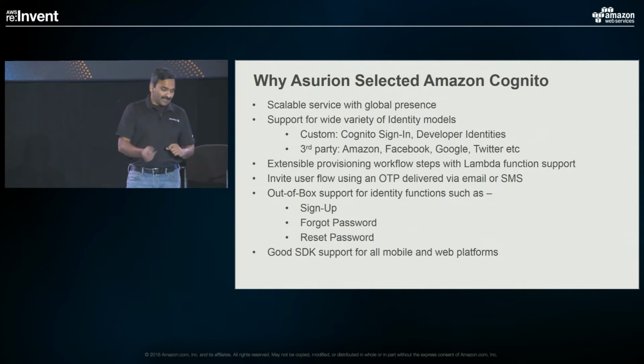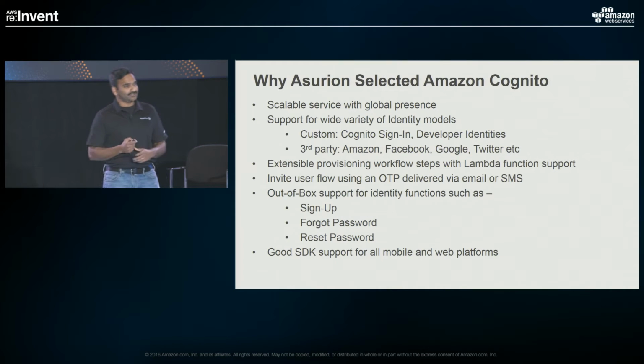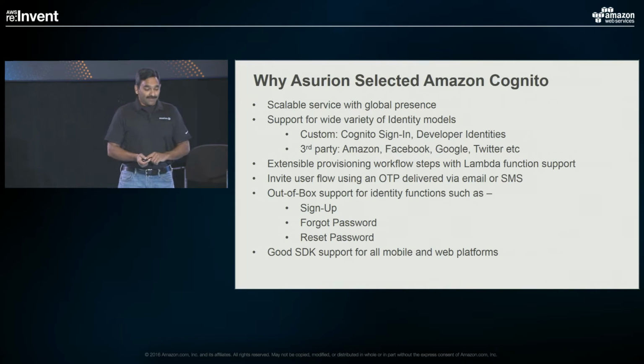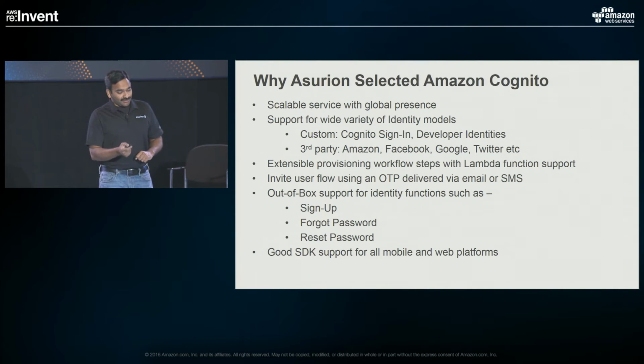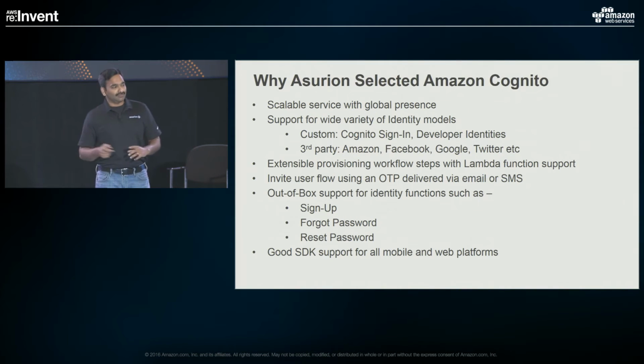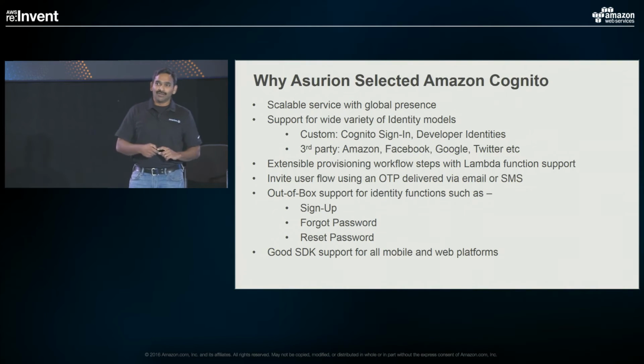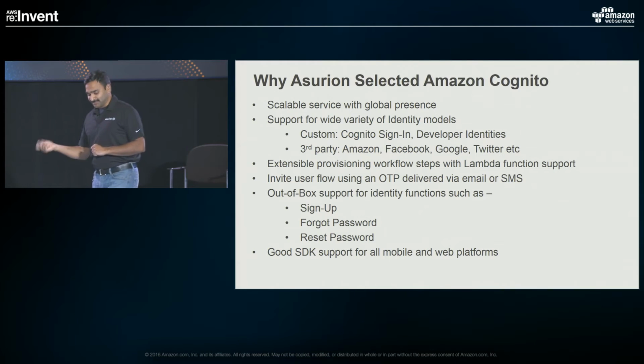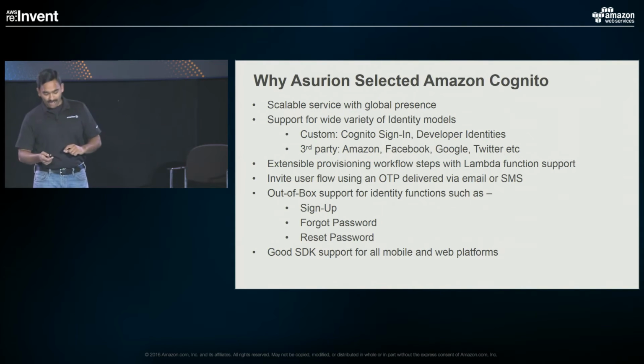Lambda hooks, like I mentioned earlier, we needed the ability to customize our sign-in and sign-up process. The Lambda hooks give us that ability. And the SDK support for the major mobile platforms as well as the web so that we can use the same identity across both our mobile apps as well as our web properties.